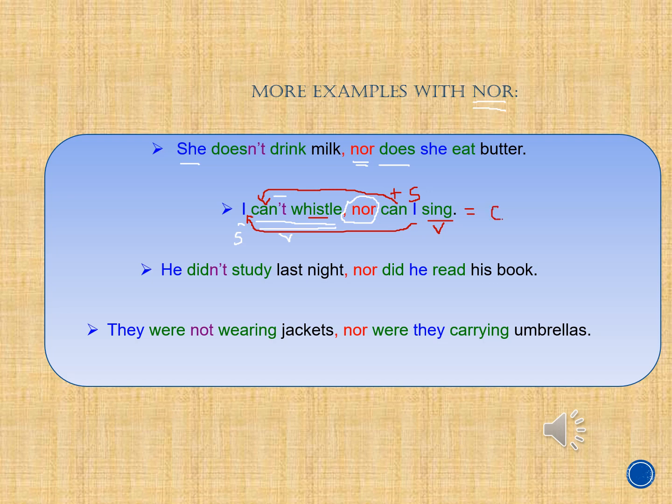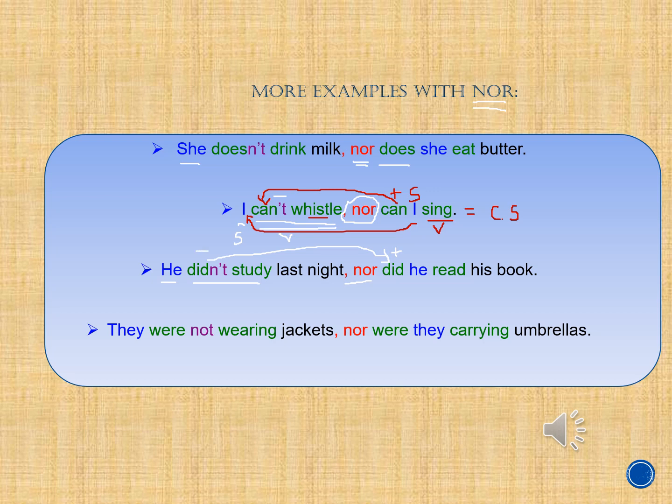Let's take a look at the other example. He didn't study last night. My first independent clause is negative. He is the subject. Didn't study is the verb, last night. Comma, nor did, because you are using did. Here you see didn't. Can you read didn't in the first independent clause? You're going to copy it, but in positive.